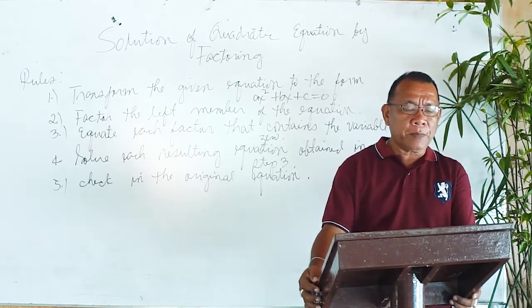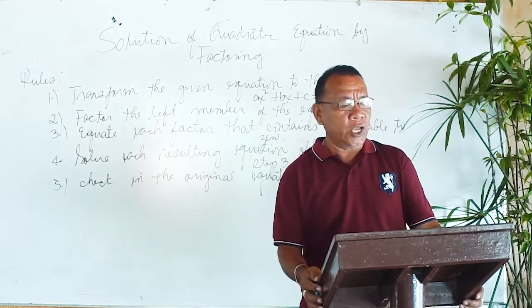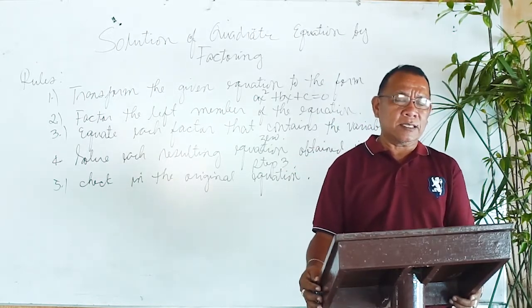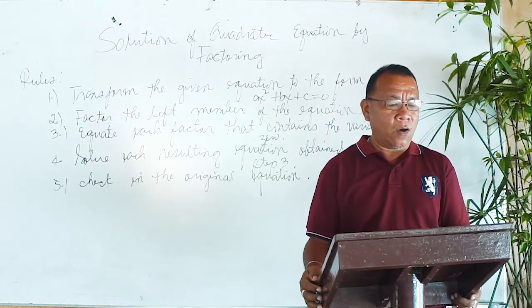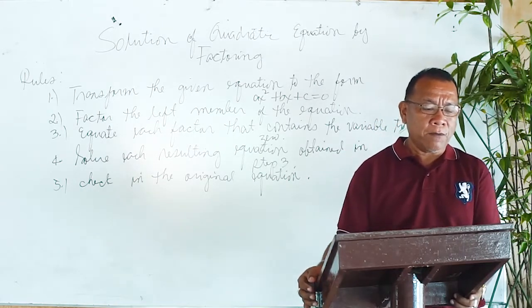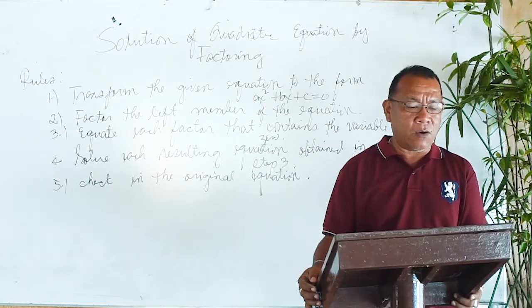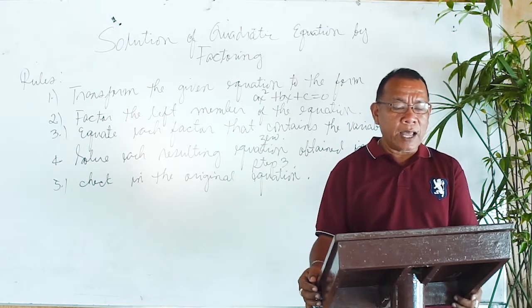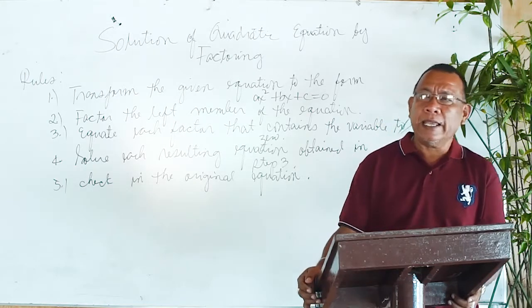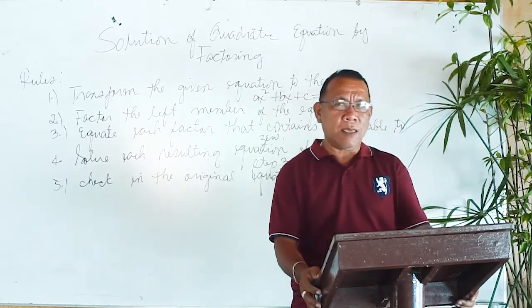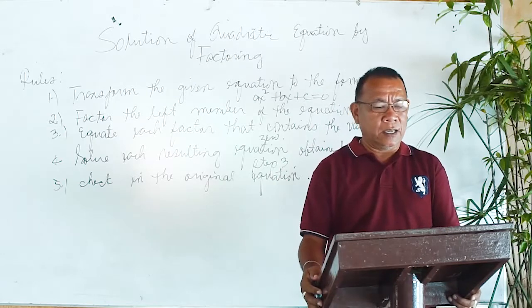An important property of 0 as a factor is that if the indicated product of 2 or more factors is 0, at least one of the factors is equal to 0. In quadratic equation, we have two elements or two roots.